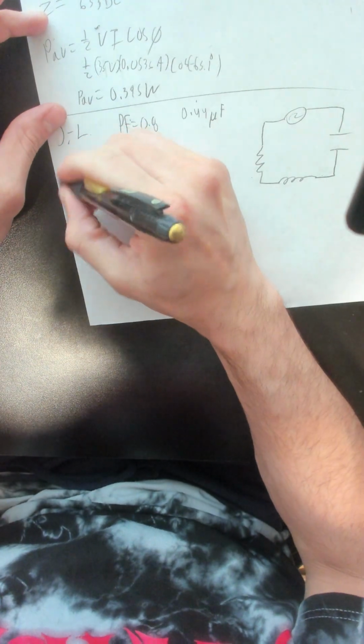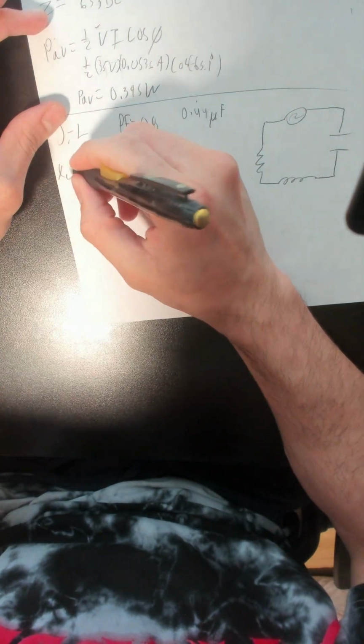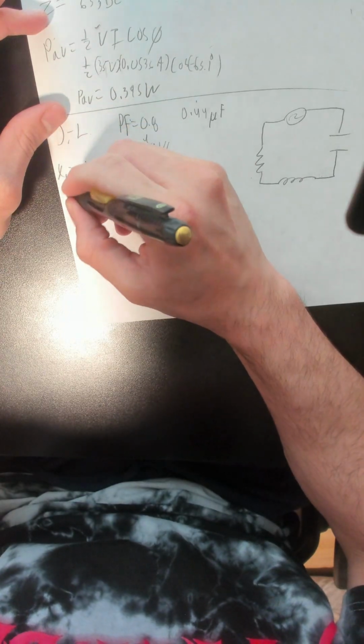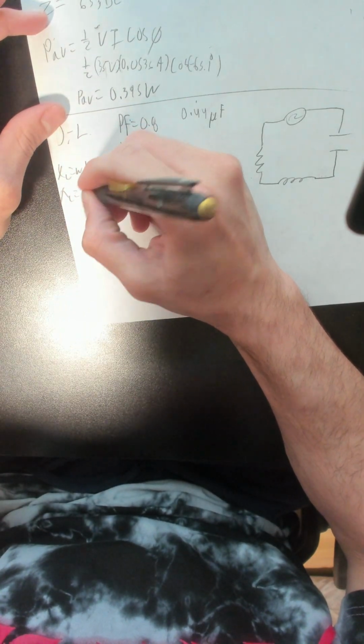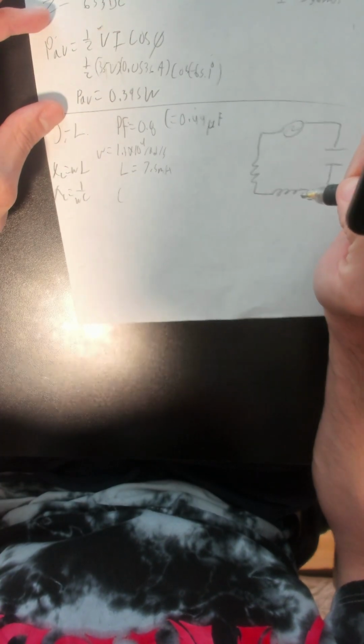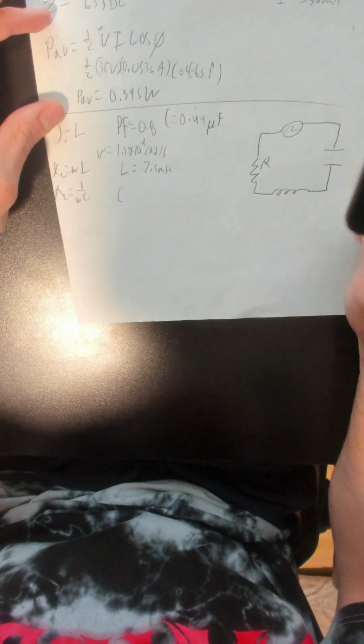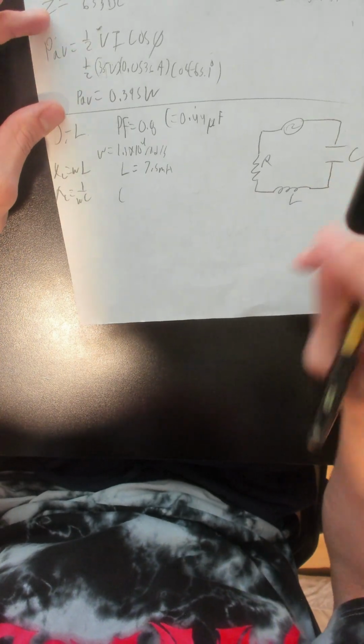So let's put our formulas down: XL equals ωL and XC equals 1 over ωC. So plug everything in.